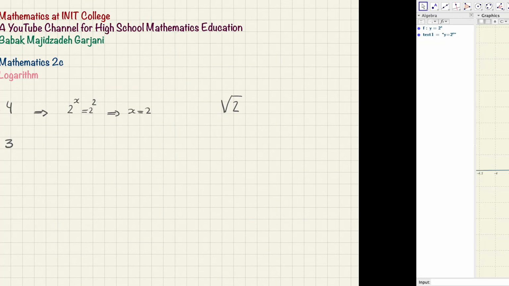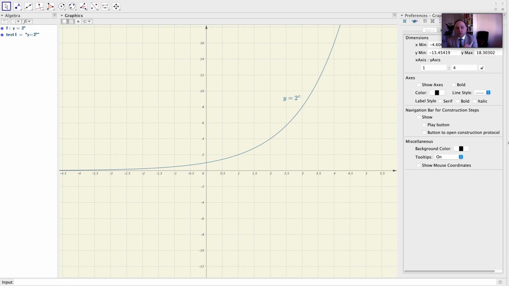So we do this. We go to GeoGebra. I already made the cursor a little bit bigger, so hopefully you can see that. So what I have done, first of all, let me show, I have changed the grids because these exponential functions grow very fast. So you see each grid on the y-axis is not 1 unit, it is 2 units.